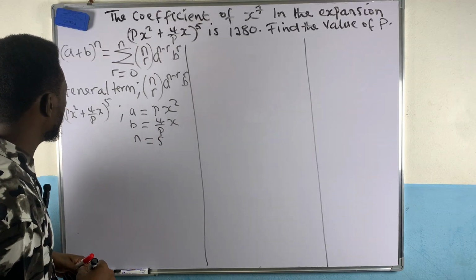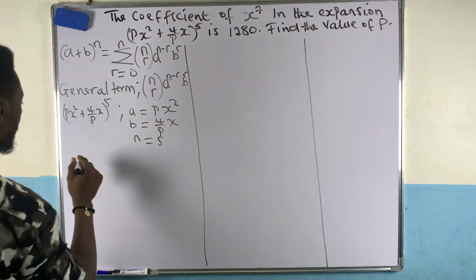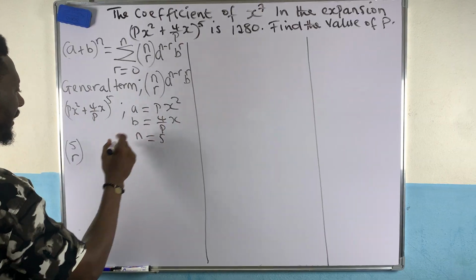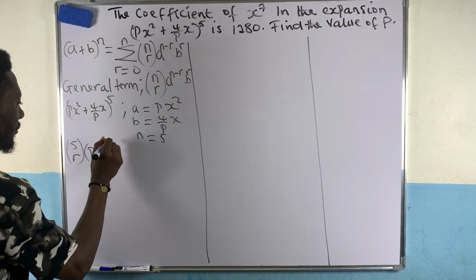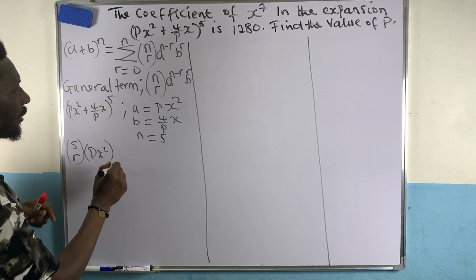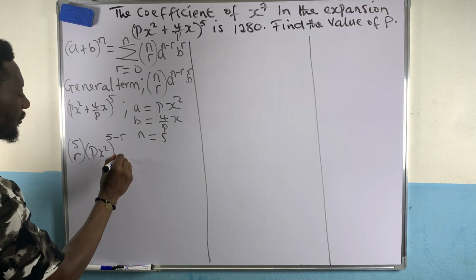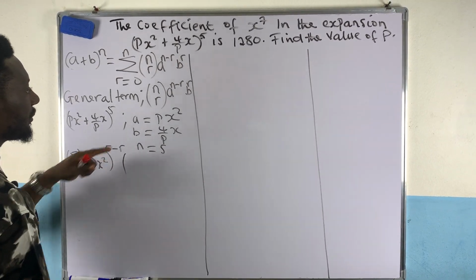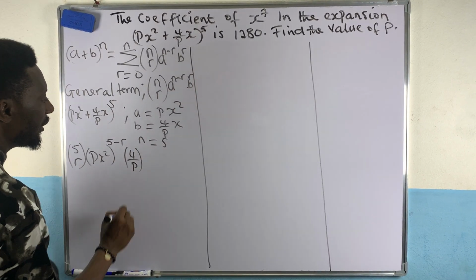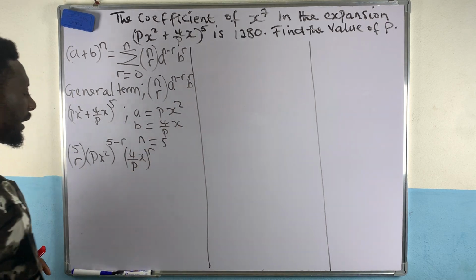So we continue by saying that this will be 5 combination r, a, which is px squared, all raised to the power n minus r. Our n is 5, so 5 minus r, times our b raised to the power r. Our b is 4 over px, all raised to the exponent r.